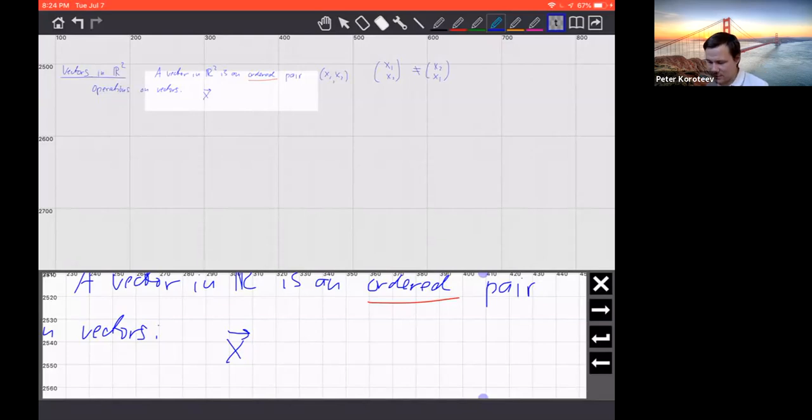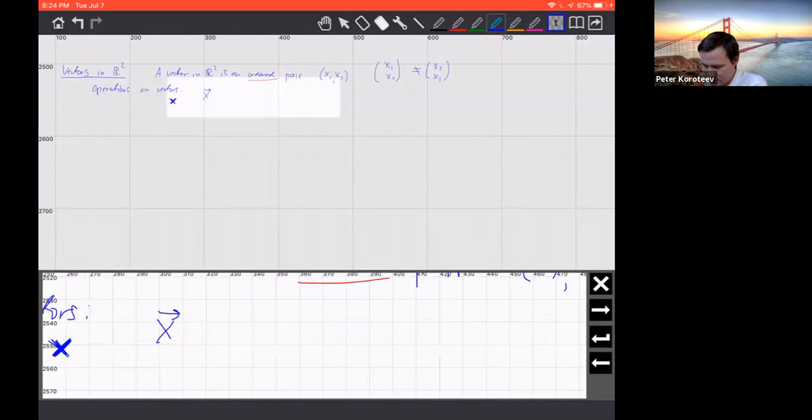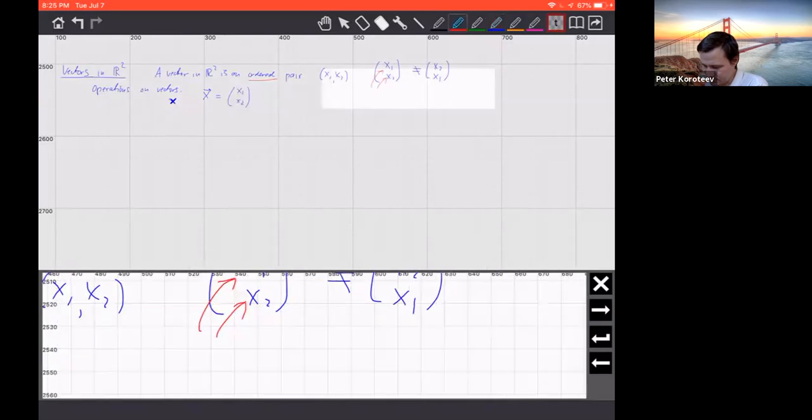So instead of drawing a vector arrow, they would just draw the bold letter, but it's not so convenient to do by hand. So we have vector x, which has components x1, x2. These numbers are called components of vector x.